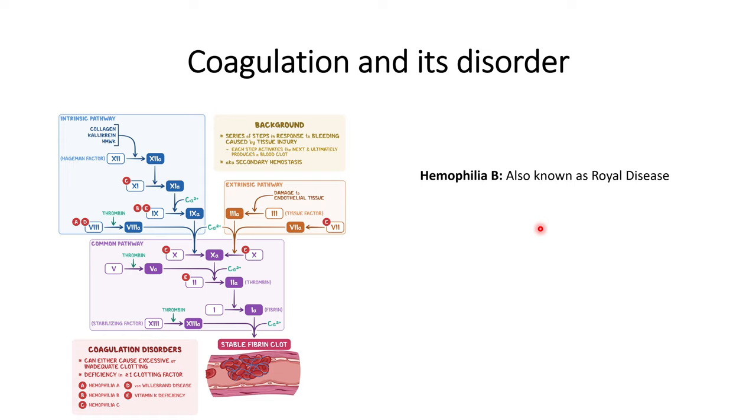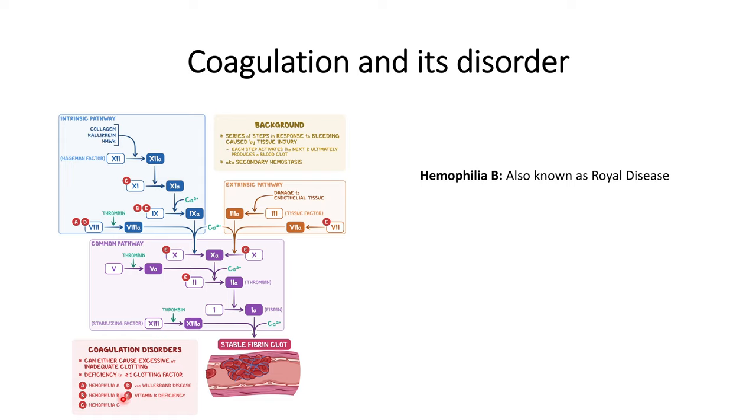It is found in the royal families of England, Germany, and Spain during the 19th and 20th centuries. That's why hemophilia B is also known as royal disease or royal blood.